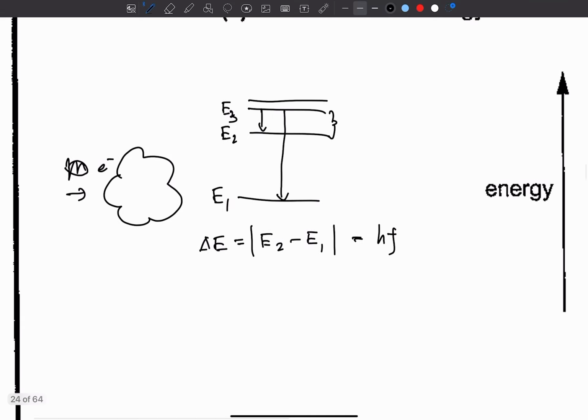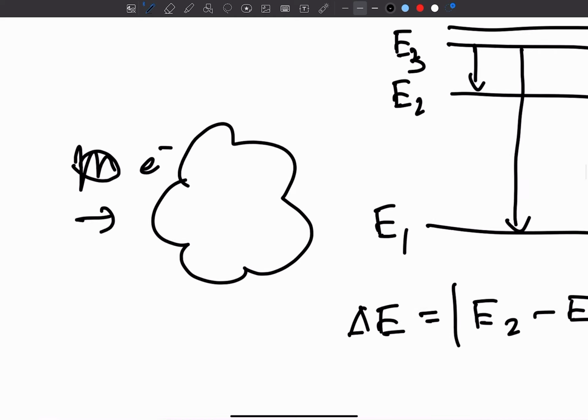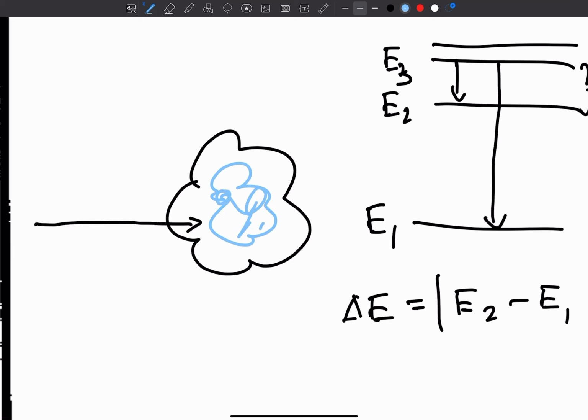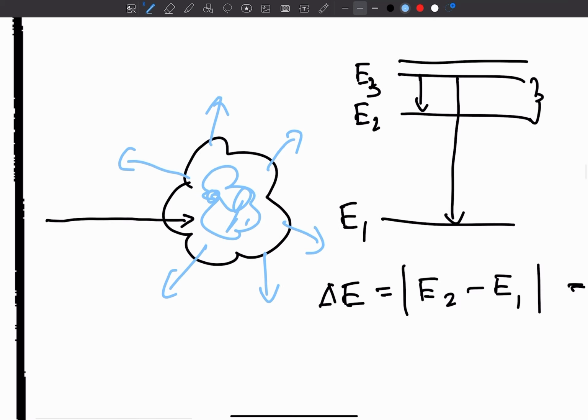So you can imagine, let's go back to the cloud drawing here. You can imagine the photons coming into the gas, some stuff happens, and after that it gets re-emitted in all directions. Then the beam of light just continues on. After that, it reaches the spectrum, right?